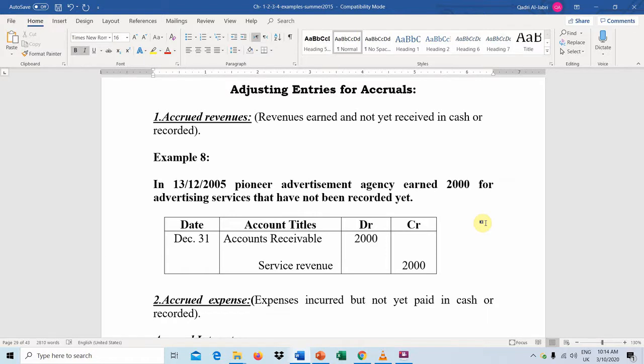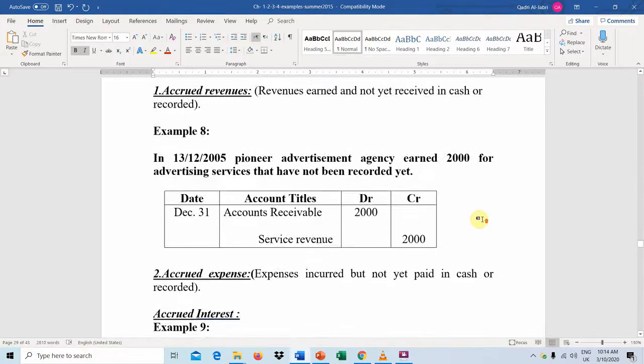So by the end of the period, we have to make sure that any services that we provided during the period, or any revenues recognized during the period, should be recorded by the end of the period.